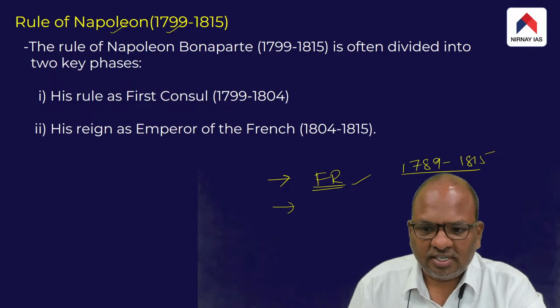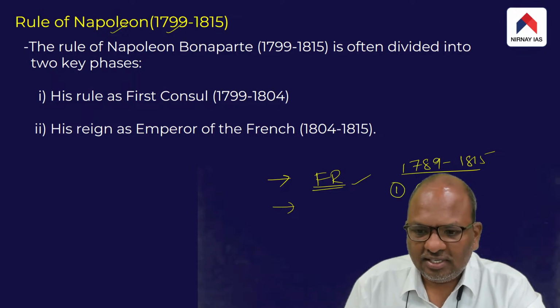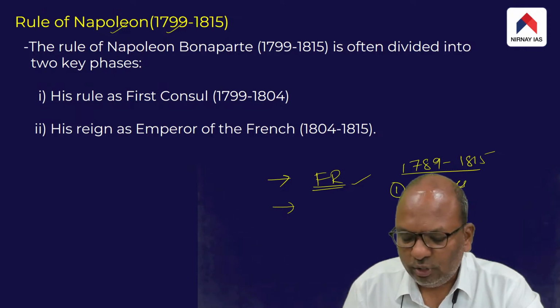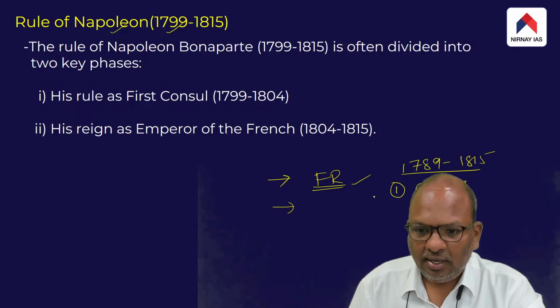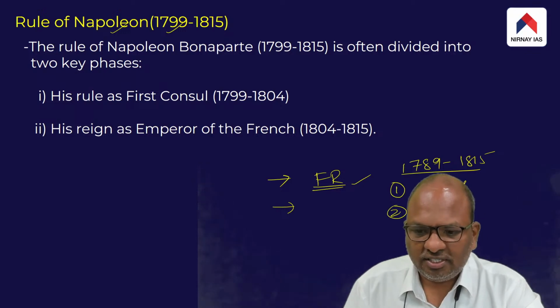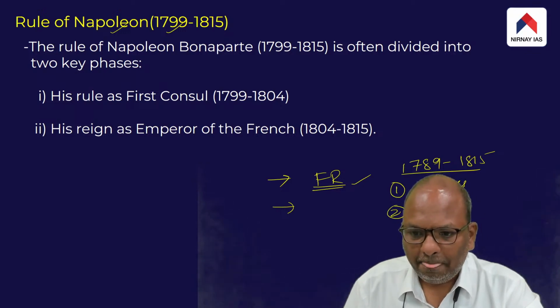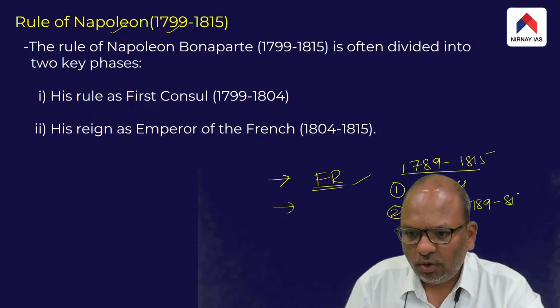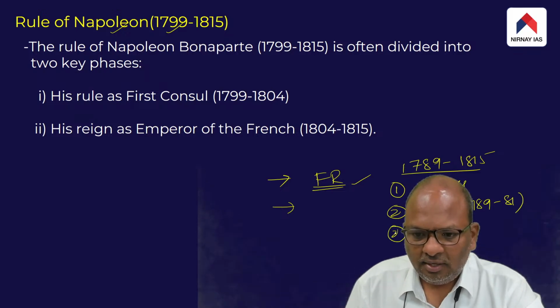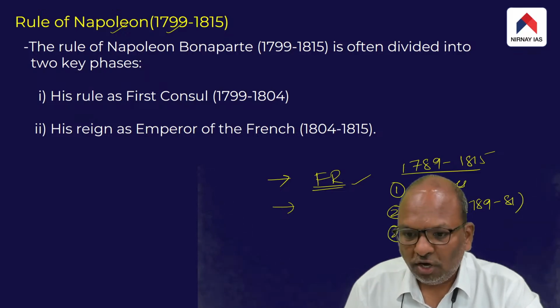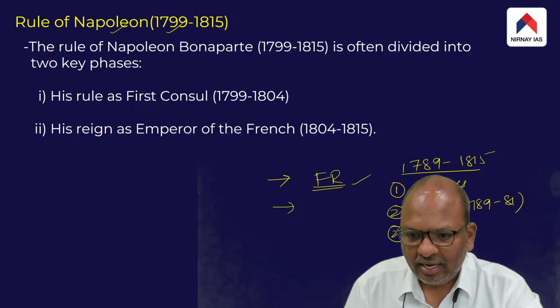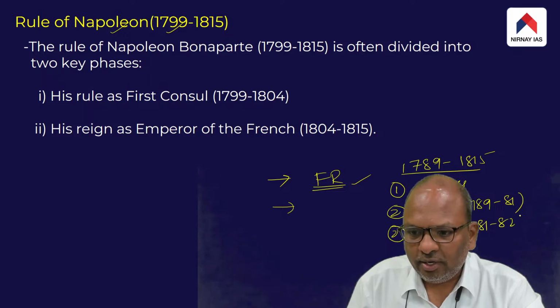So far we have discussed the causes for the outbreak of the French Revolution in 1789. Then we discussed the rule of France by the National Constituent Assembly, and then the rule by the Legislative Assembly.